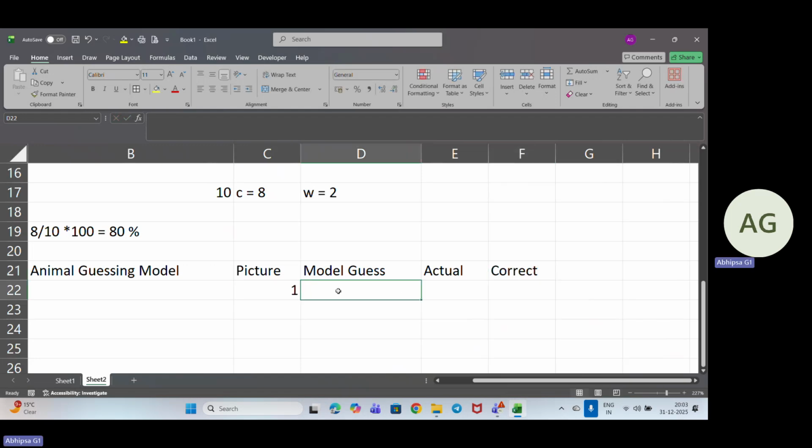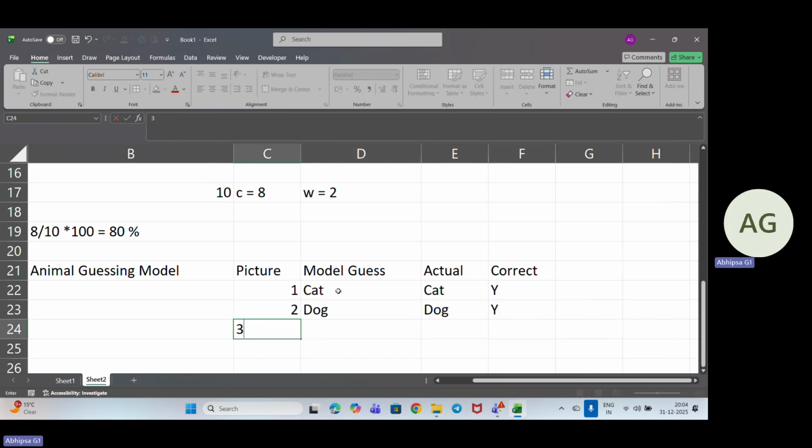Suppose picture 1: the model guesses cat. It is actually a cat, so yes, it is correct. Coming down to 2, it is dog, and it was actually a picture of a dog. Of course, it is correct.